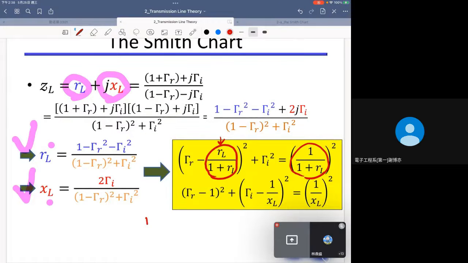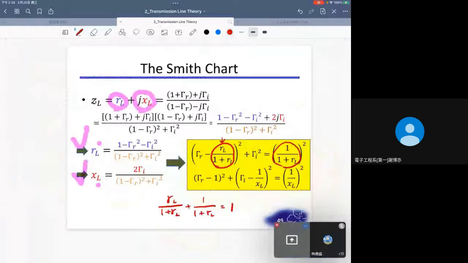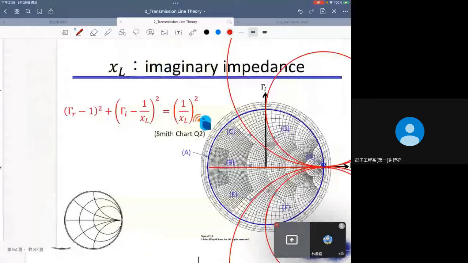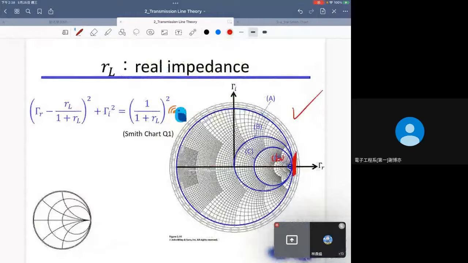Because RL over (1 plus RL) plus 1 over (1 plus RL) always equals 1, this means all of these circles will connect to this point. So this is the real part.